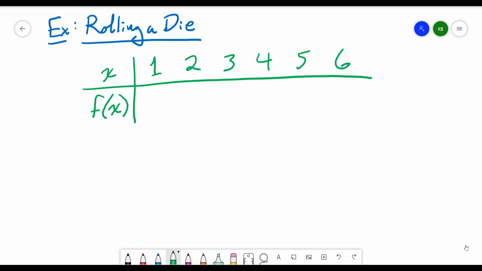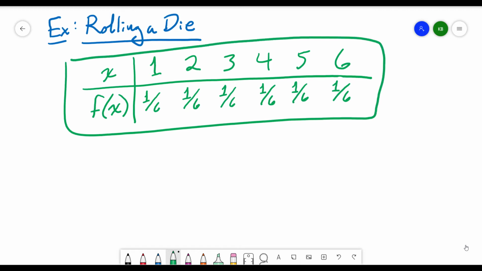The probability that I roll a 1 is 1/6. The probability I roll a 2 is 1/6. A 3 is 1/6. A 4 is 1/6. A 5 is 1/6. And a 6 is 1/6. So this right here is my probability distribution.